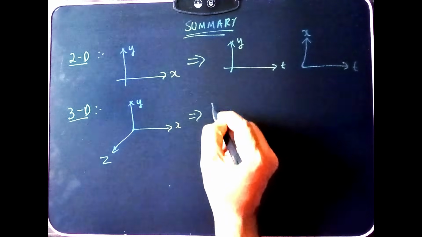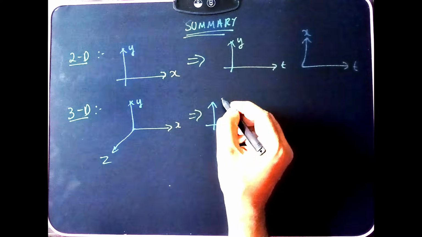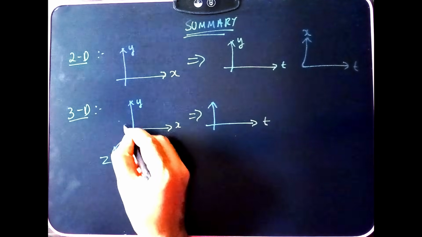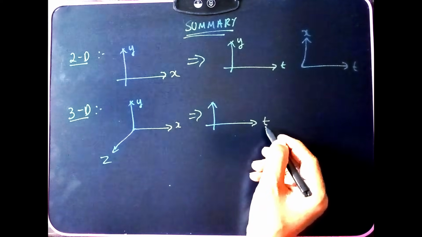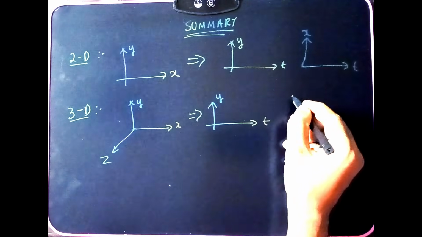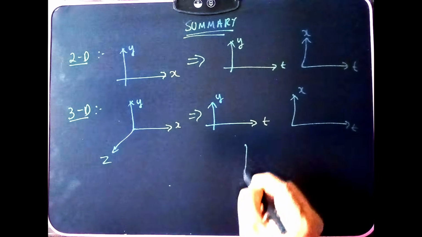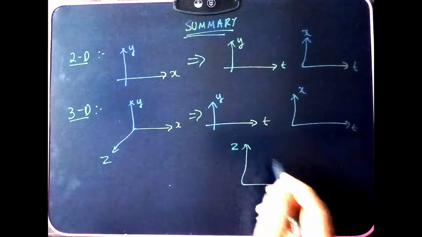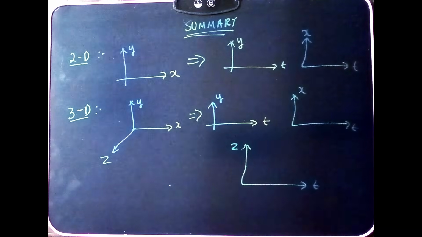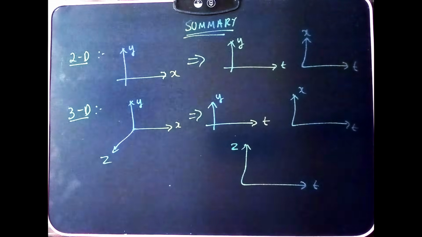This will be represented by three different graphs with respect to time, because the motion of the particle is with respect to a common variable called time. So y with respect to time, x with respect to time, and z with respect to time. So this is all about two-dimensional and three-dimensional motion in comparison with one-dimensional motion.